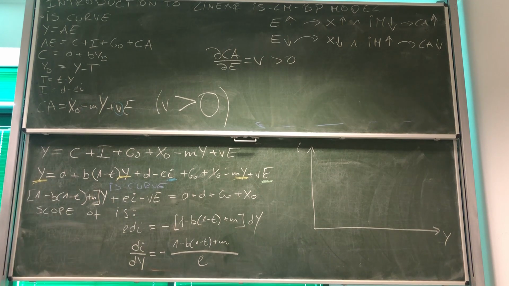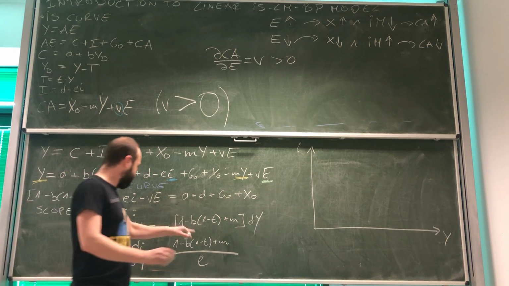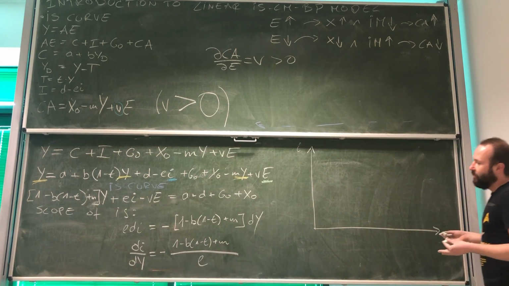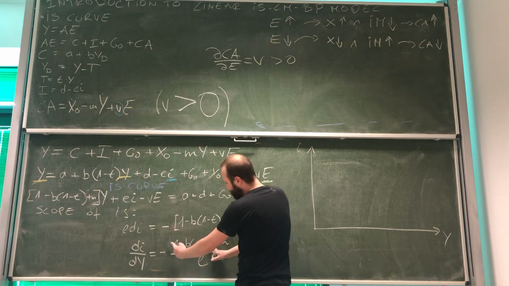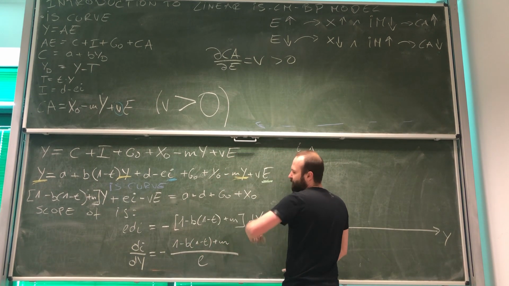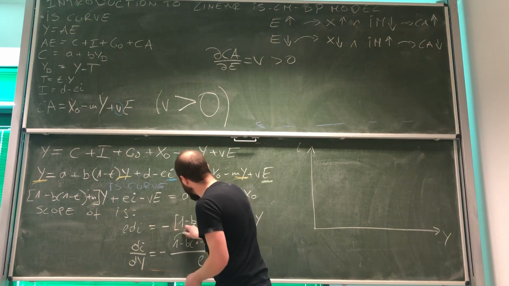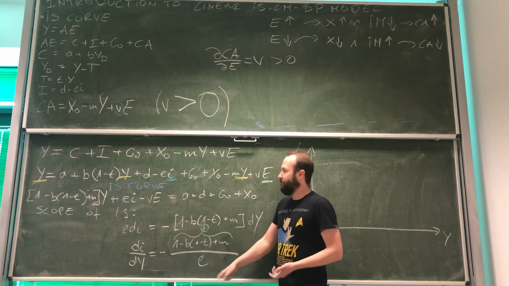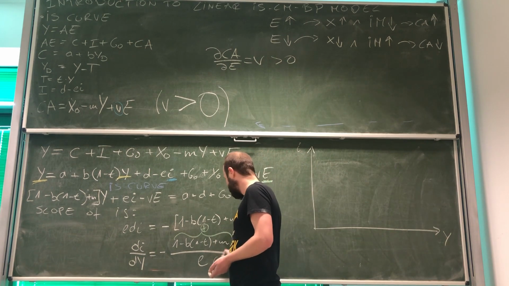Now, the only thing left is to assess whether this expression is positive or negative. Look, we know that this is between 0 and 1. This is plus m, so it's even bigger. So this is definitely positive. E is also a positive parameter.